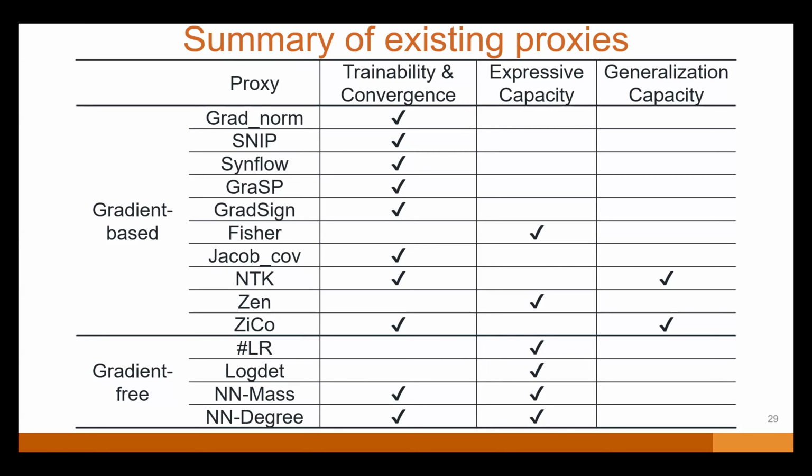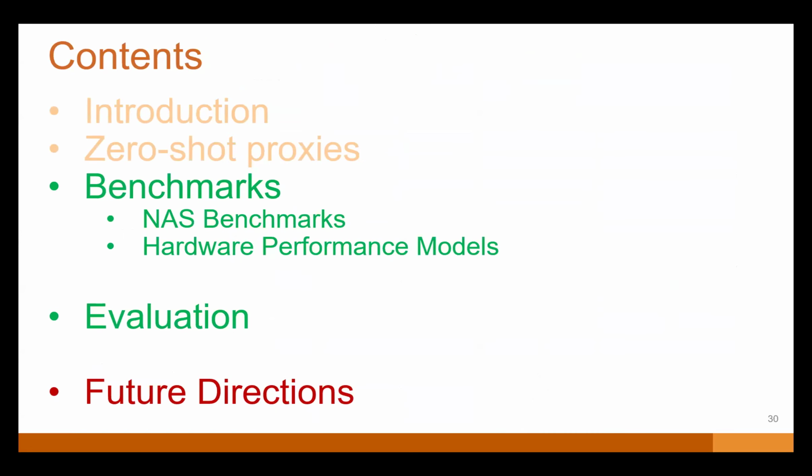Why? Because they are either good here, or good here and here, or good here alone, or good here and here. So in principle, it's like you need three points to determine a plane, and you have only two at most. In most cases, one. So this probably should be a general guideline as to what should follow next in terms of good proxies. So I'm going to go to this last step of my presentation.